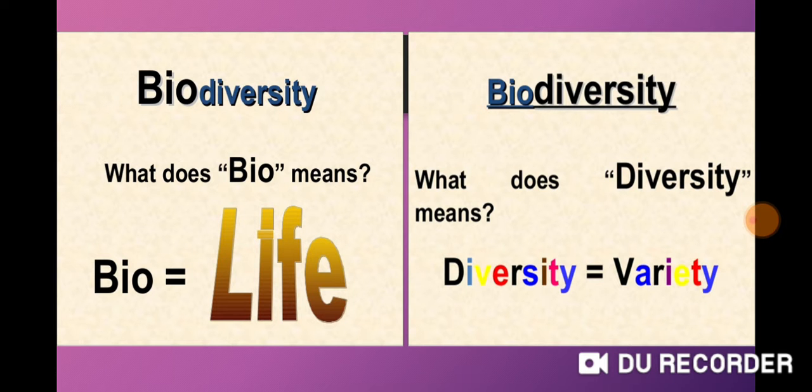So biodiversity means bio means life, whereas diversity means variety. For example, a population of human beings having different types of individuals. Someone is tall, someone is short, some have green eyes, some have black, some have brown eyes, some have curly hair, some have silky shiny hair, some are fat, some are smart, some have black skin, some are fair, etc. So there's a variety of individuals in a human population.